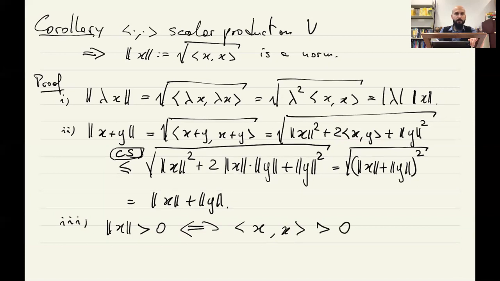So the only element with 0 norm is the 0 vector. Okay. Now, which means that every vector space with a scalar product has an induced norm and therefore has an induced distance, which therefore has an induced topology.